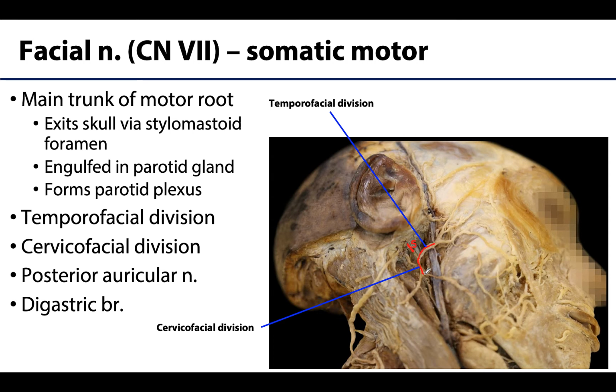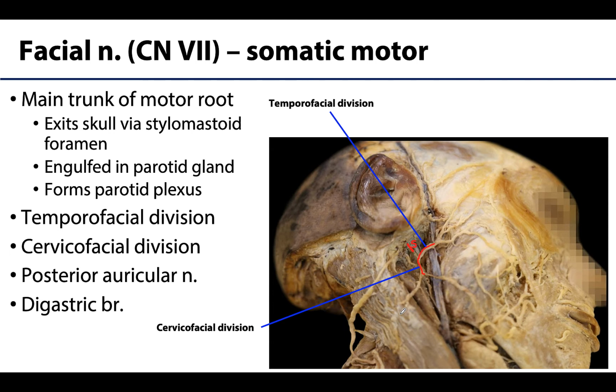And from there, that's where you'll get that set of five main branches that will serve the muscles of facial expression. There are other motor branches of the facial nerve in this region, but they are going to be heading more posteriorly or inferiorly. These include the posterior auricular nerve, which is usually the first branch of the motor root after exiting the stylomastoid foramen, but it's going to head posterior.